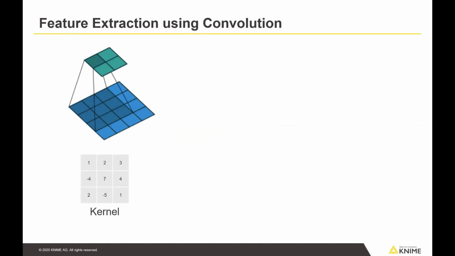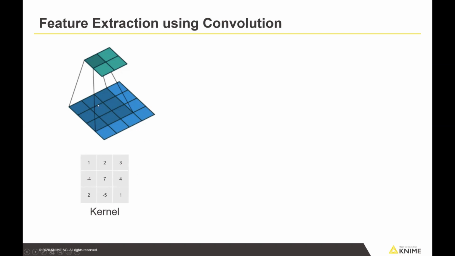The convolution operation is a sliding window approach, where we slide a kernel over an input image. The kernel is shown here in this shaded area and the input image in blue. The kernel is just another array of numbers, and it's usually smaller than the input image.